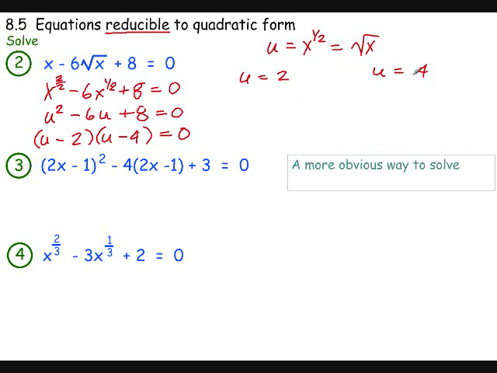We weren't interested in finding U, we are interested in finding x. U is equal to the square root of x. So we can rewrite these both with x, and now we can solve for x. If it's a square root, how do we get to x? We square both sides. X is equal to 4, or x is equal to 16.